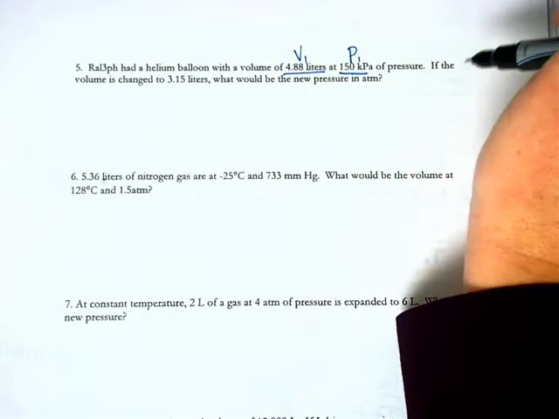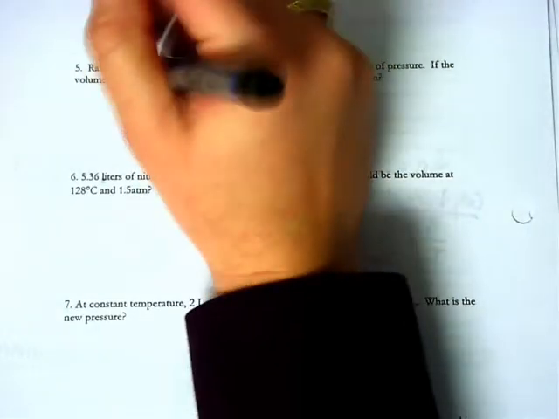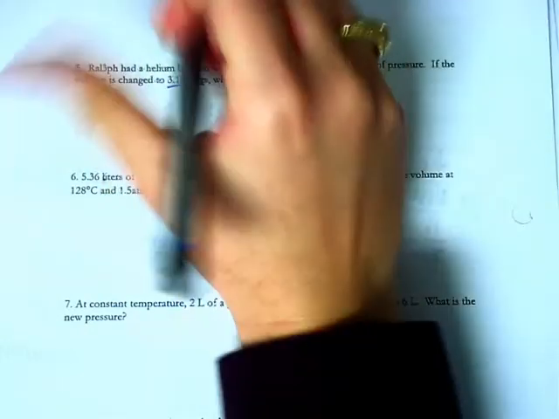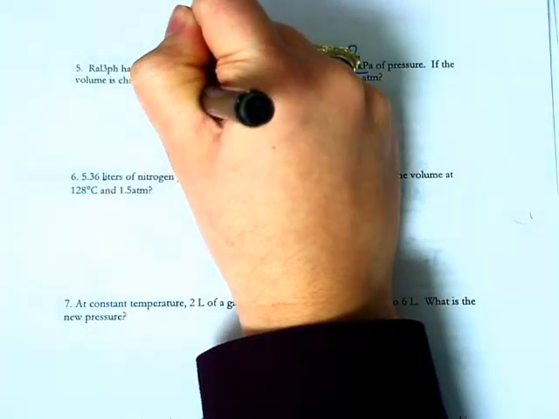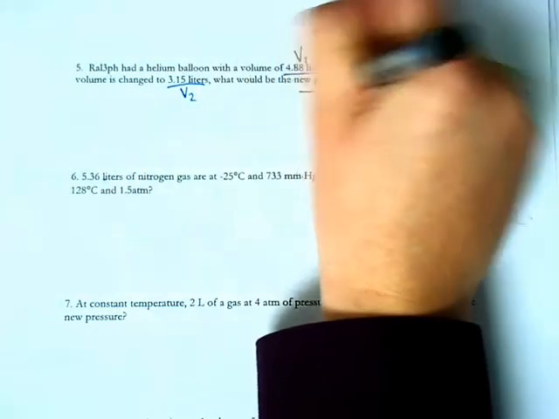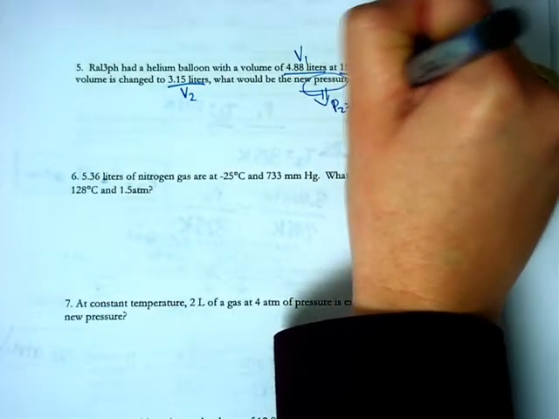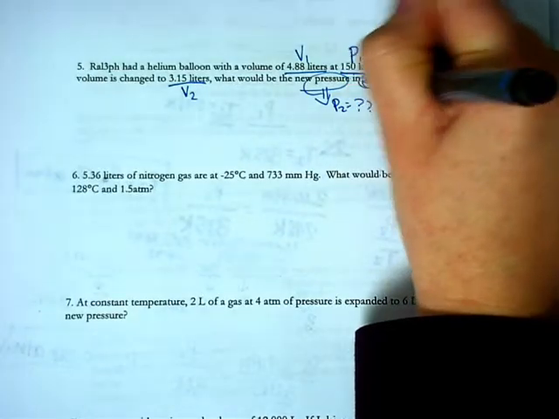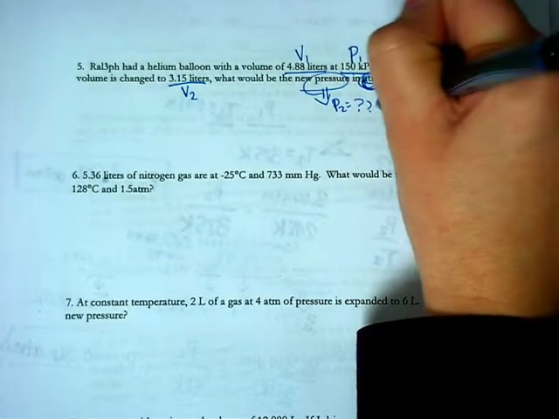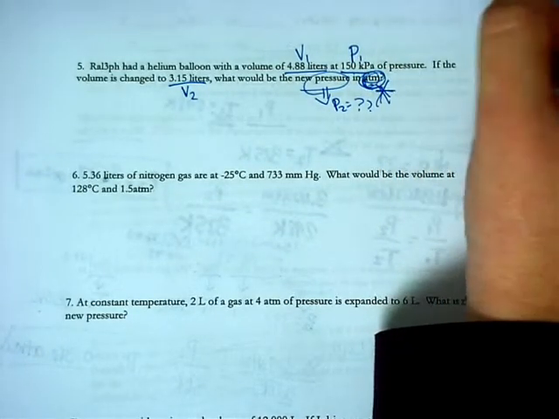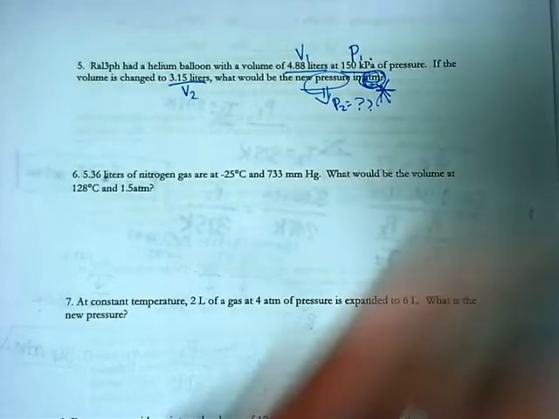P1. If the volume is changed to 3.15 liters, so what's this going to be? V2. What would the new pressure be? So what are we looking for? We're looking for P2, in atmospheres. This is a different unit, right? We want to know it in atmospheres, and they give it to us in kilopascals.